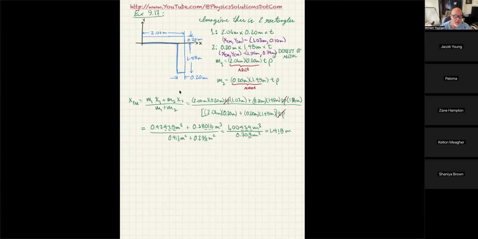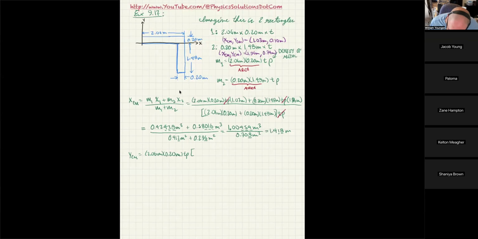Now we're going to go ahead and calculate the y center of mass. With the y center of mass, we're going to do the same thing. Obviously, the t and the rho are going to cancel out, but we're going to get the same thing, 2.06 meters times 0.20 meters times t times rho.